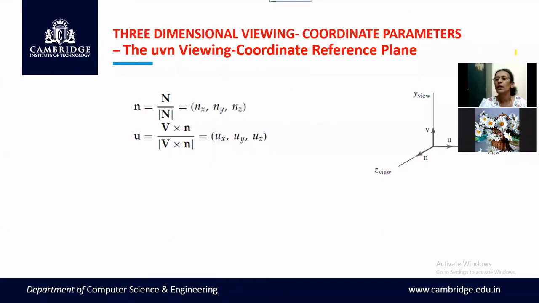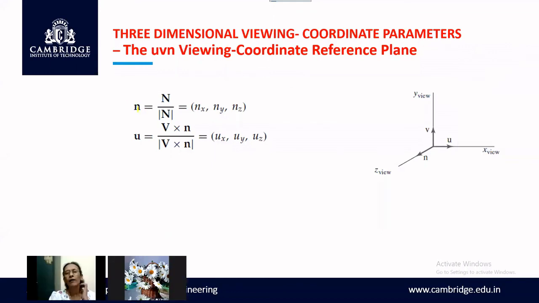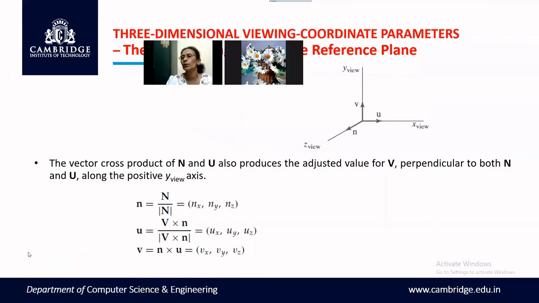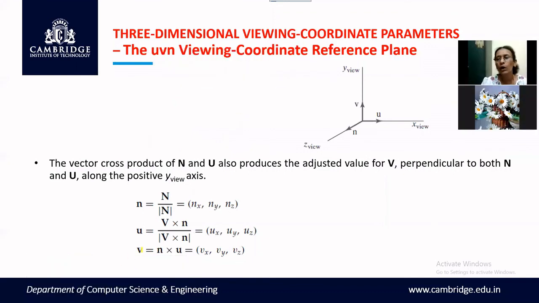we get by a vector product of n cross u. The vector product of n cross u will give you a vector that is mutually perpendicular to both n and u. So the small v, or the unit vector along y view, would be the vector product of n cross u.